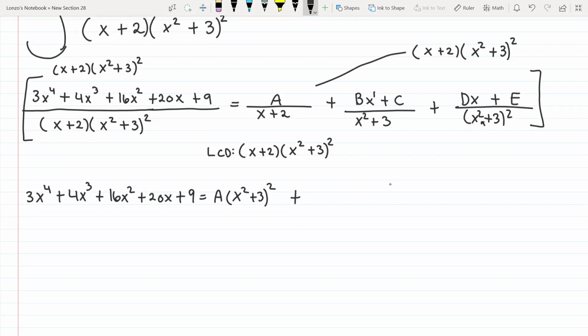On the right, if you multiply this, the x plus 2 cancels, so you're just left with A times x squared plus 3 squared. Over here, what do you see that cancels? Just one of the x squared plus 3, so you're left with the x plus 2, and this cancels, so you're just left with 1.